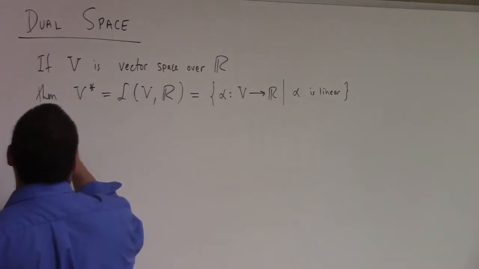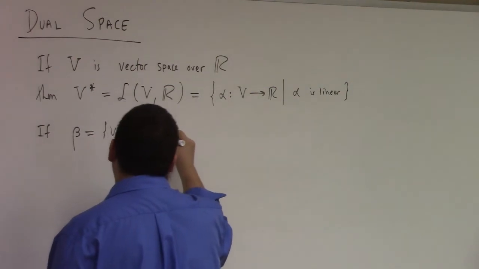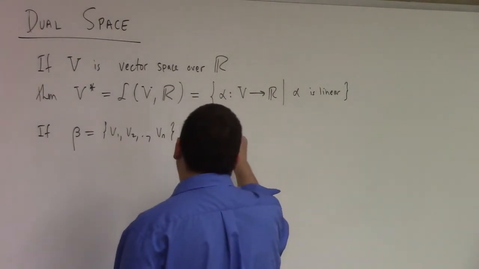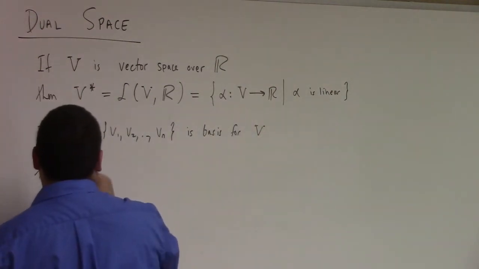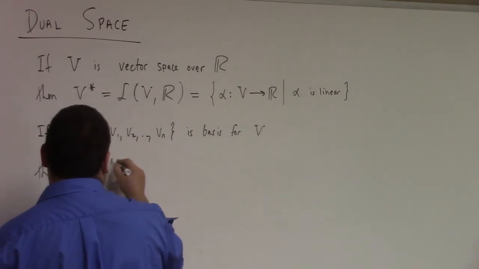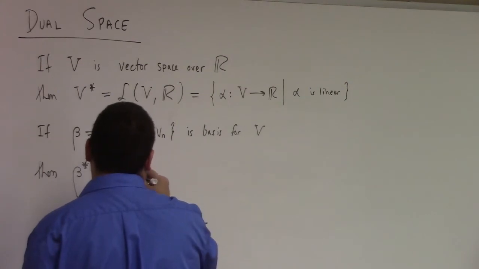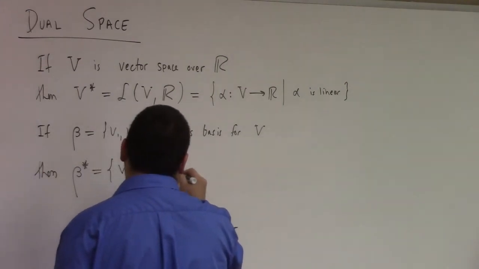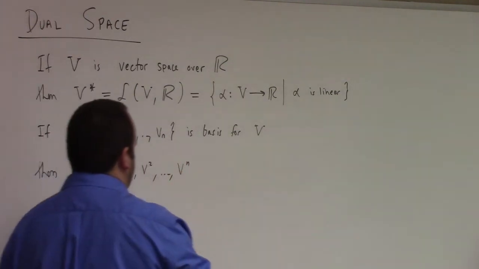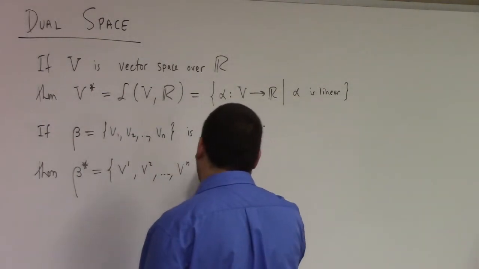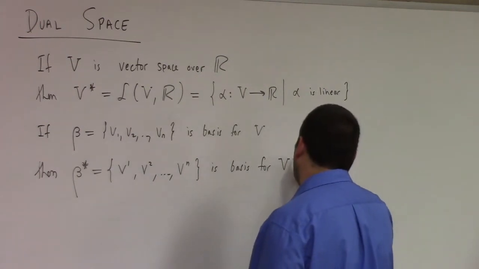So if beta, let's say v1, v2, ..., vn, is a basis for V, then beta dual, and here up and down indices are going to matter, v upper 1, v upper 2, ..., v upper n, is a basis for V dual.